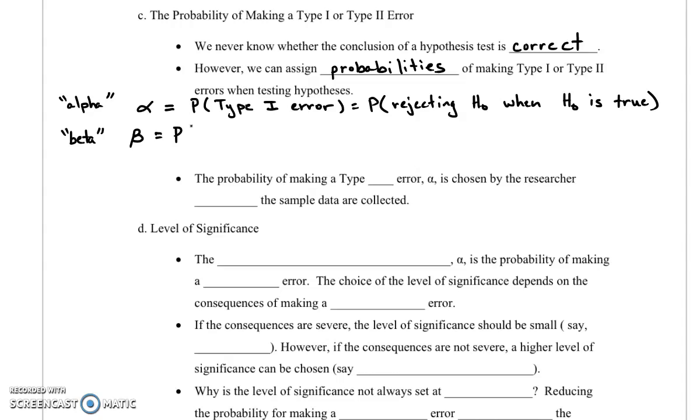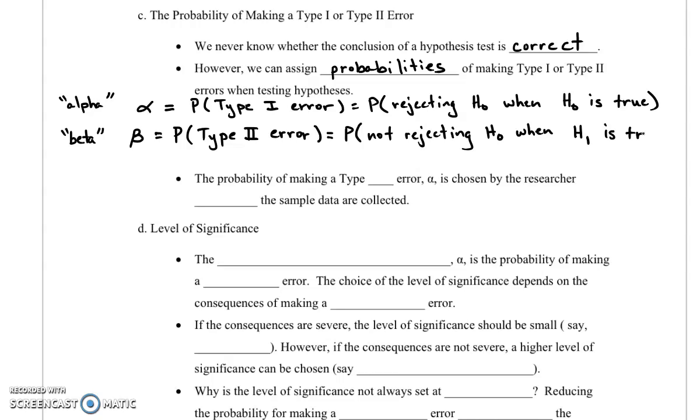Beta is the probability of making a type 2 error, which remember is the probability of not rejecting H naught when H1 is true.